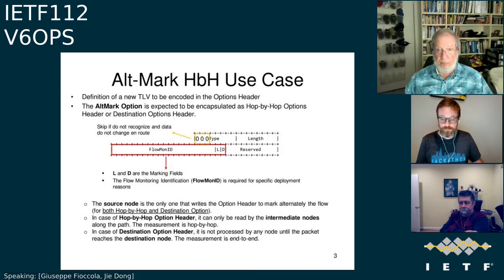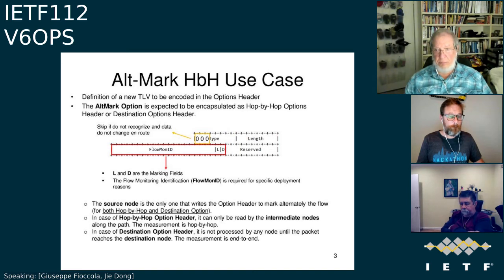So how do we apply this methodology in IPv6? We define in general a new option that can be encoded as hop-by-hop or as destination option. Now we are talking about hop-by-hop, so focus on the hop-by-hop use case, and you see that the option is the same.